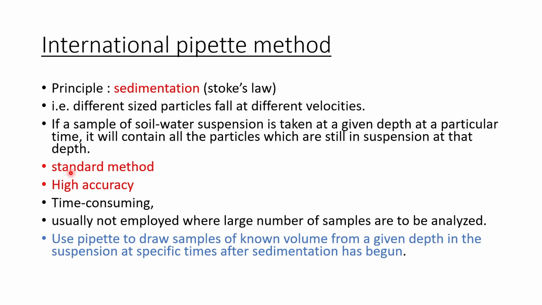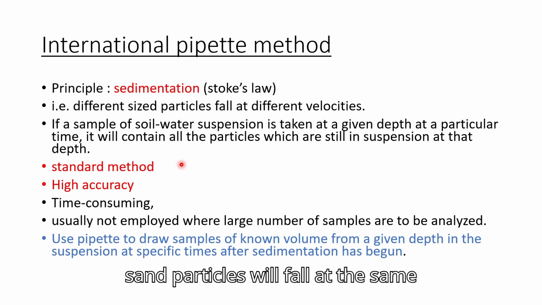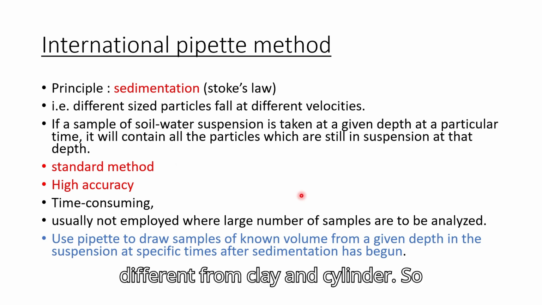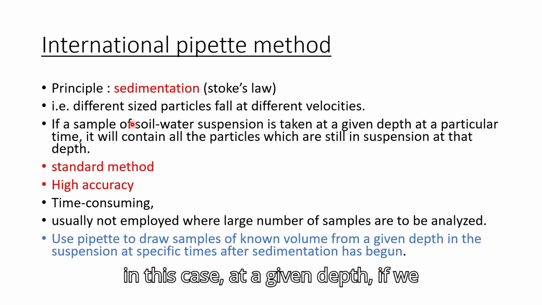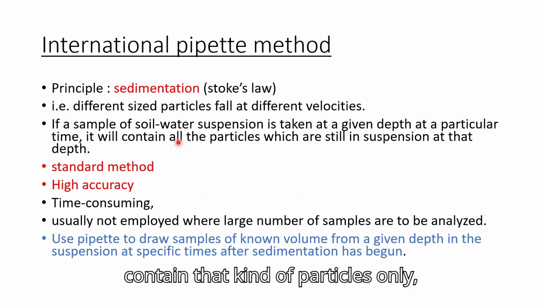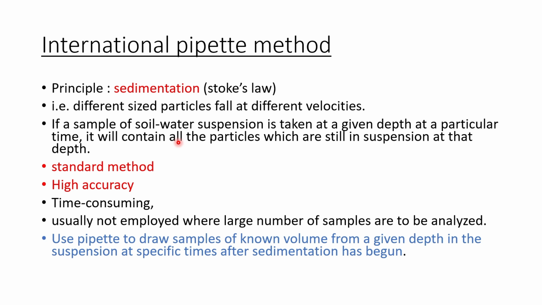Sand particles will fall at the same velocity, but the velocity will be different from clay and silt. So at a given depth, if we pipette, the sample will contain only that kind of particles, say sand.